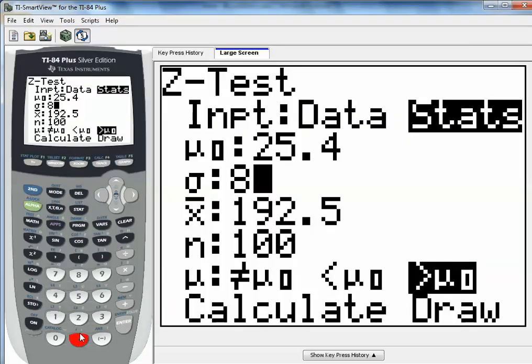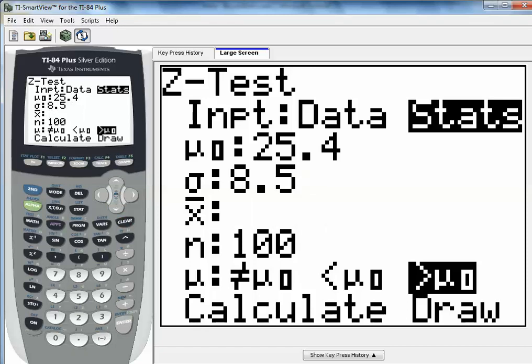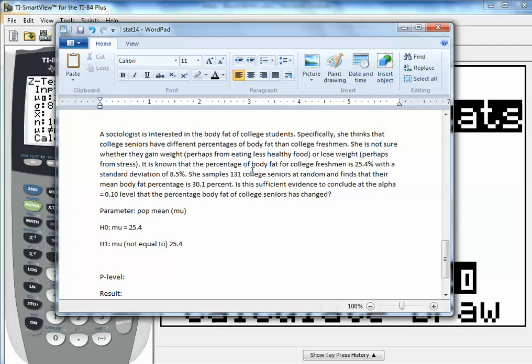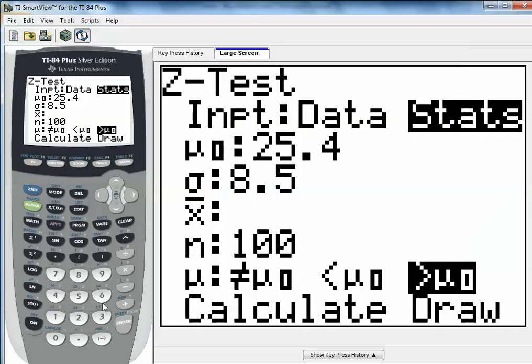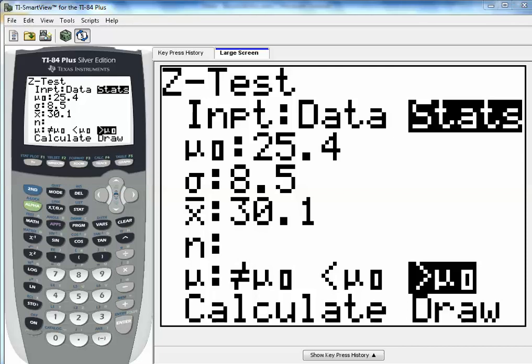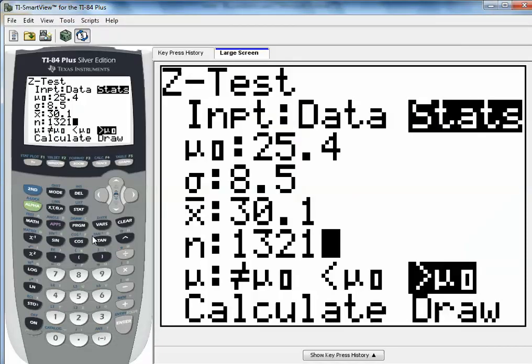You could also write all these as decimals instead of percents, and you get the same thing. The sample mean was 30.1, and the size of our sample was 131.